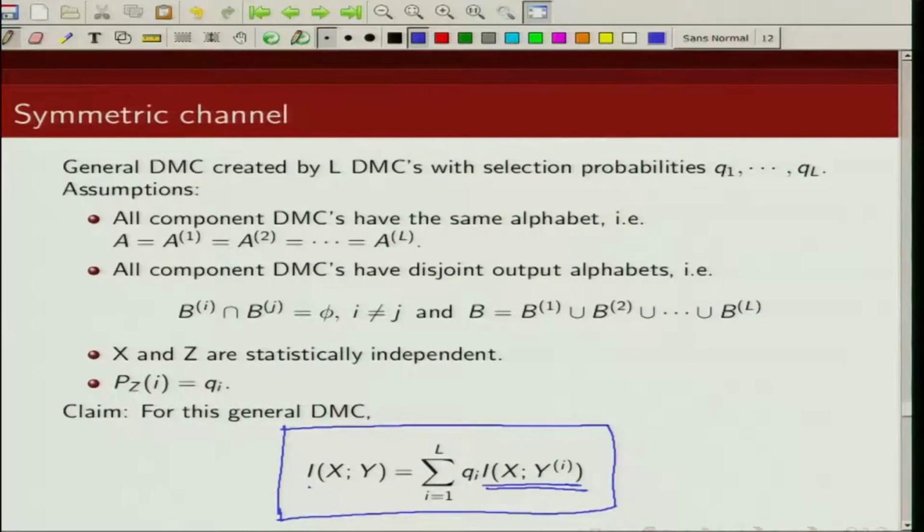From this expression, as you can see, we can write the mutual information between input X and output Y as the mutual information between input X and the output of these individual L channels, multiplied by their selection probabilities and summed over all such L channels. So, we are now going to prove this result.